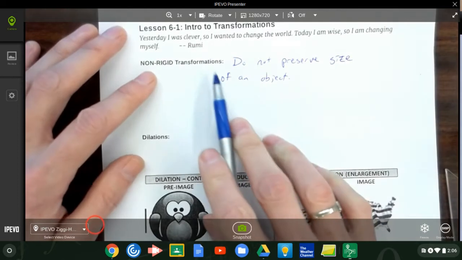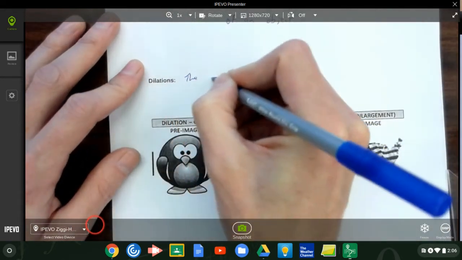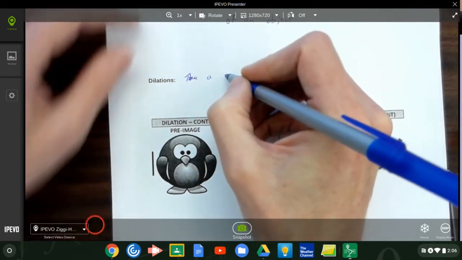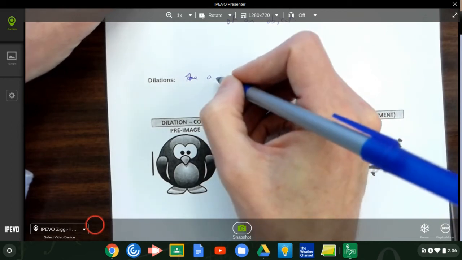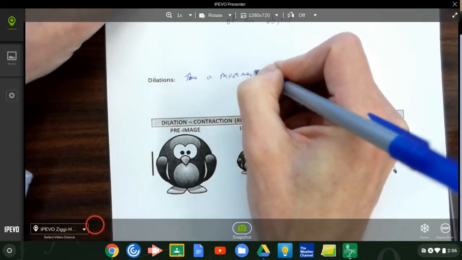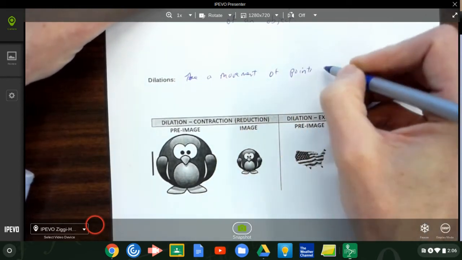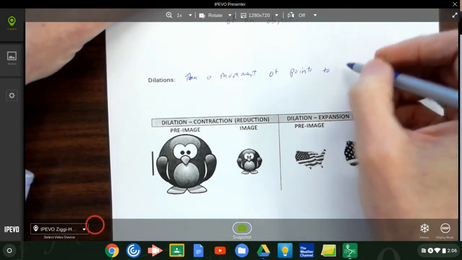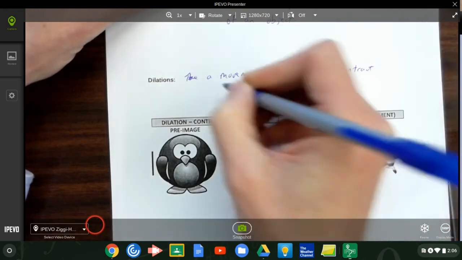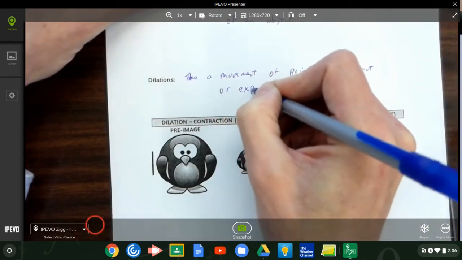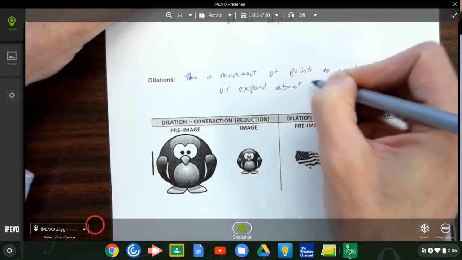So a dilation is a great example of that, because a dilation is a movement of points to contract or expand about a fixed point.